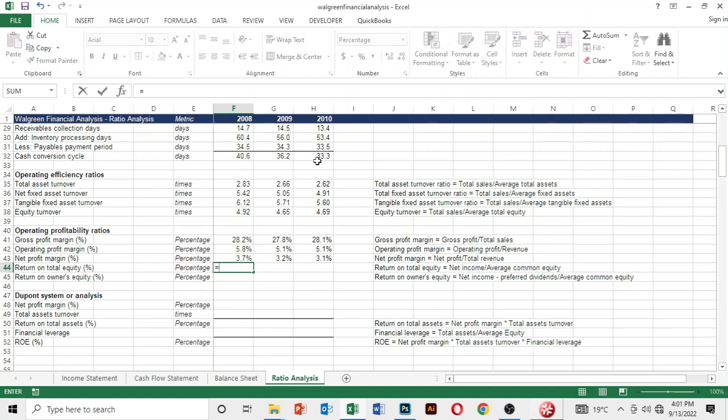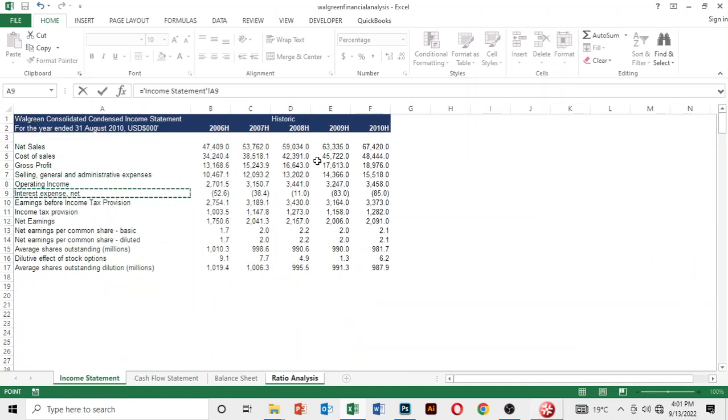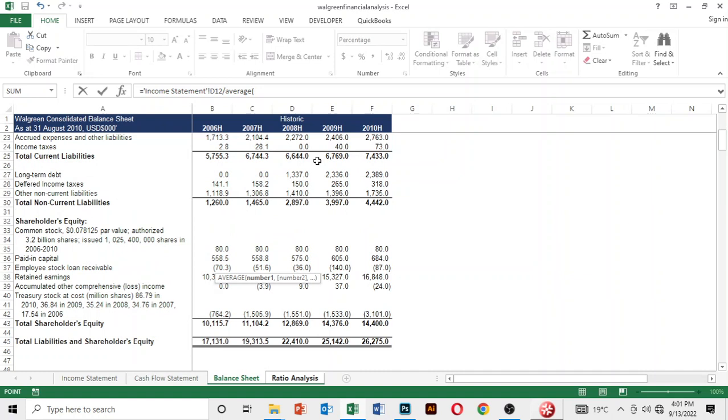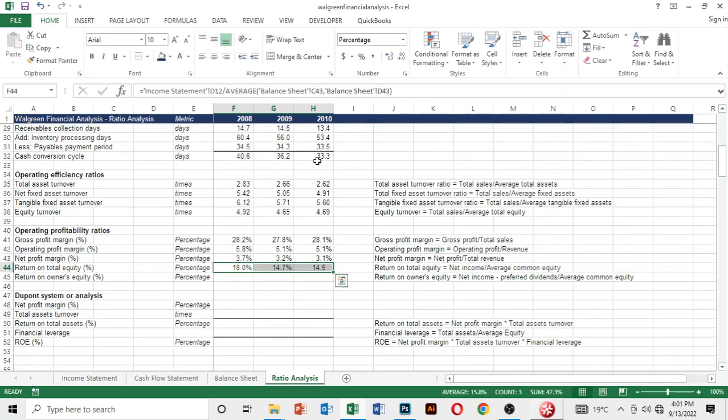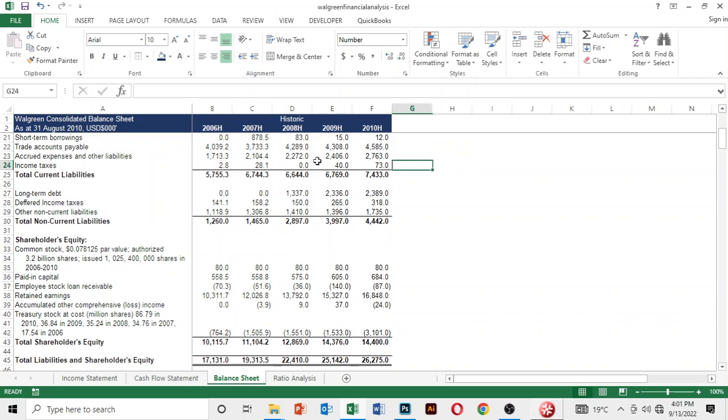So let's just initiate the formula there, and then let's go to the income statement. Let's select net earnings. Then let's use average common equity, and let's choose this as well. Right, so perfect. Let's copy that to the right, and if we come here, you see that we don't have any preference shares.